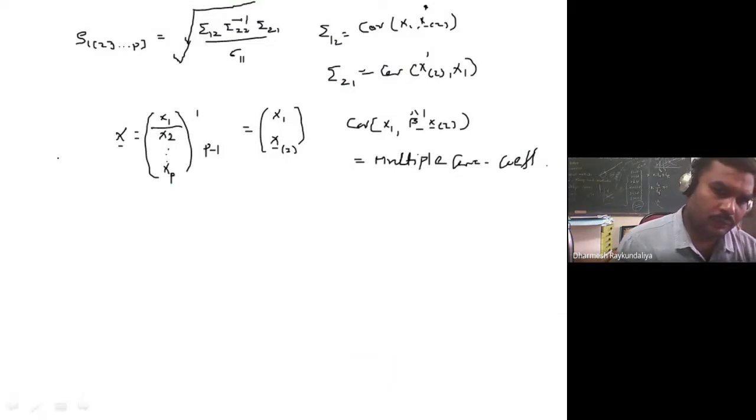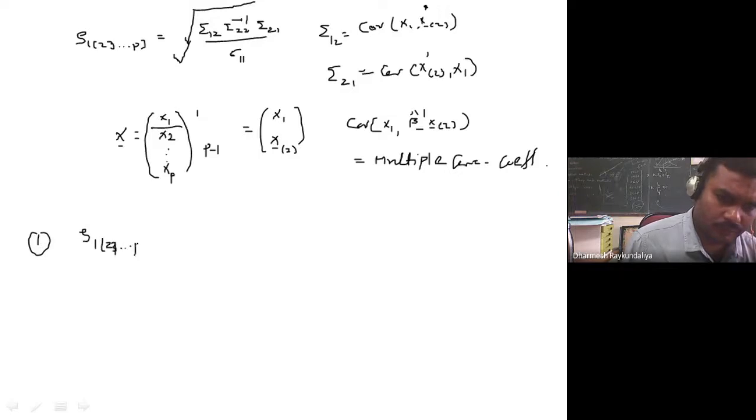Now there are some properties of the multiple correlation coefficient. We have seen the various definitions. One of the properties is that the multiple correlation coefficient is zero, which implies that sigma 1 2 equals 0, because sigma 2 2 inverse is not 0.